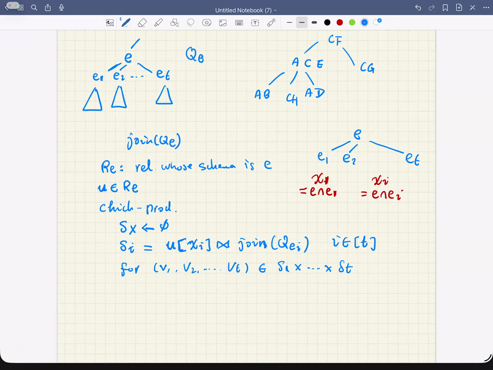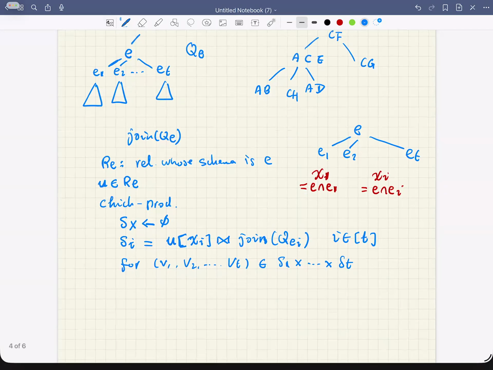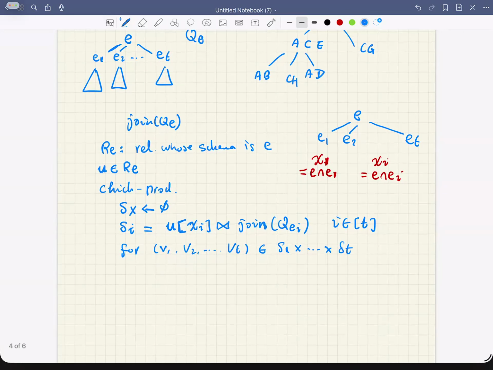Okay, all right, so this is to look at all the Cartesian products of these three relations. If you look at this, T here is 3, right? Good. Now, watch carefully. Here, say add a U, join V1, join V2, join Vt.